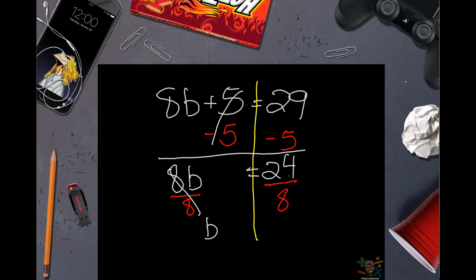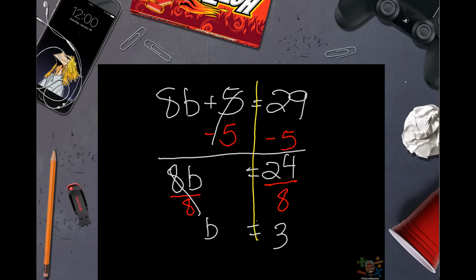Alright. 24 divided by 8 is going to give me what? It's going to give me a 3. I hope you said that, because that is the answer. And drop down my equal sign. b is going to equal 3. There you have it. You're done. You figured out that b equals 3.